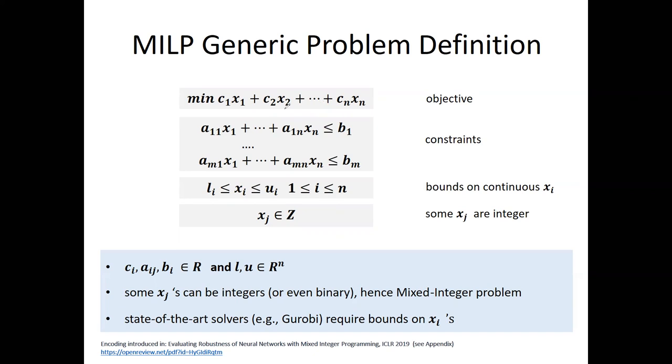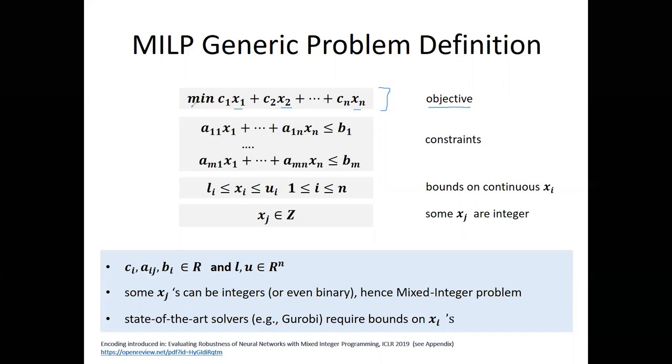What we have here is this function, this linear expression, which is called the objective. This would be some expression which we are trying to optimize, to find assignments to the continuous variables x1, x2, xn so that the given expression is maximized or minimized.